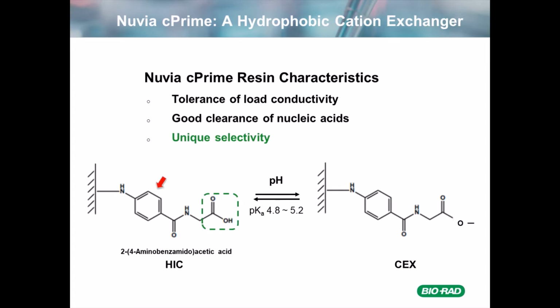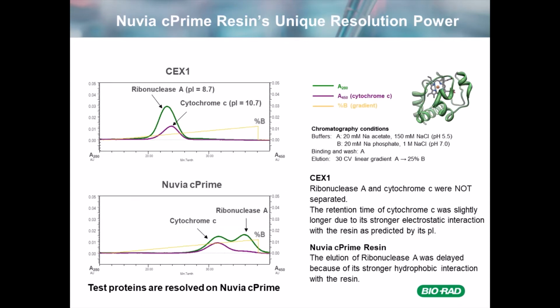I would like to use the next example to show you the unique selectivity of Nuvia C Prime. We are comparing Nuvia C Prime with a classical cation exchanger using a pair of basic proteins. The first one is ribonuclease A, which has a pI of 8.7, and cytochrome C with a pI of 10.7.